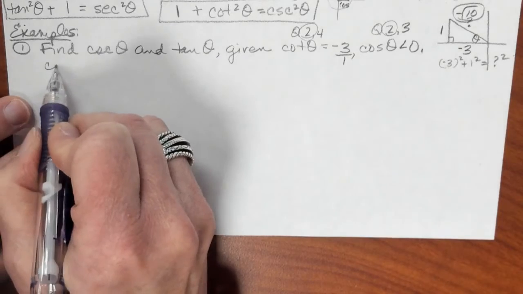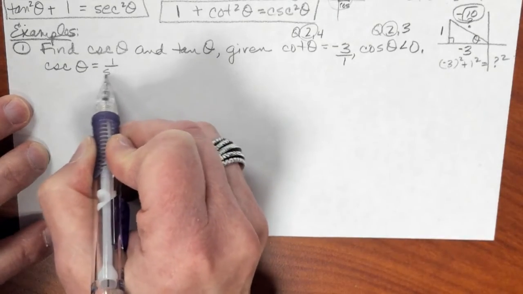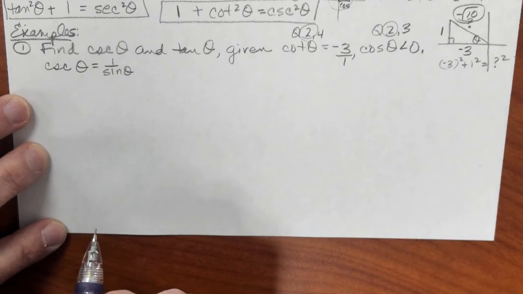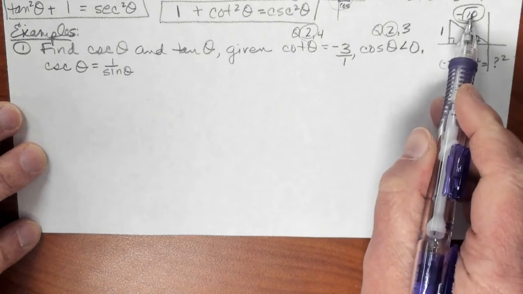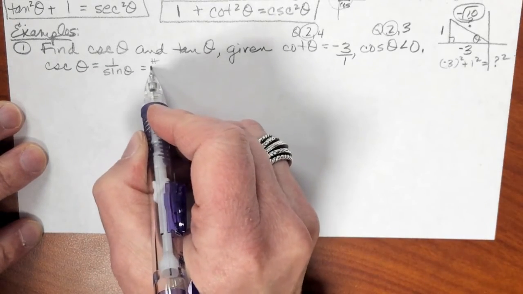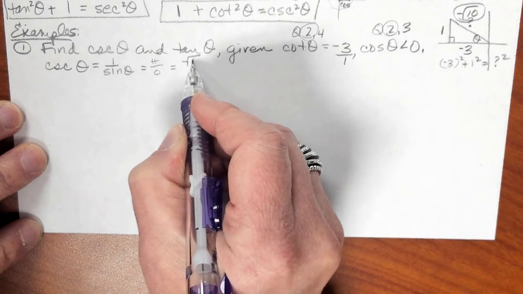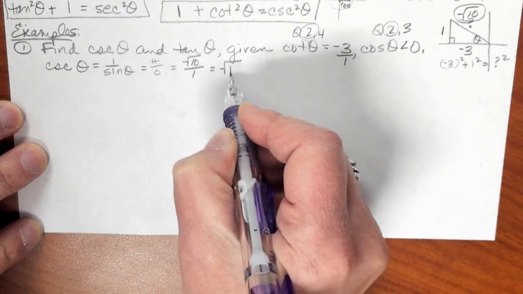So cosecant of theta is 1 over the sine. Okay, it's the reciprocal of sine. Well, sine, remember, is opposite over hypotenuse. So this would be hypotenuse over the opposite. So I have the square root of 10 over 1, which is square root of 10.